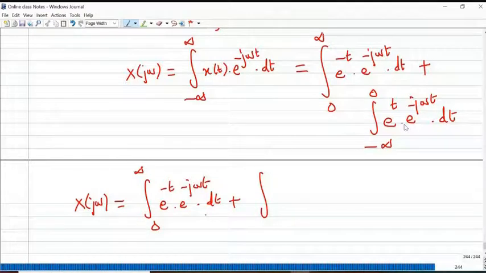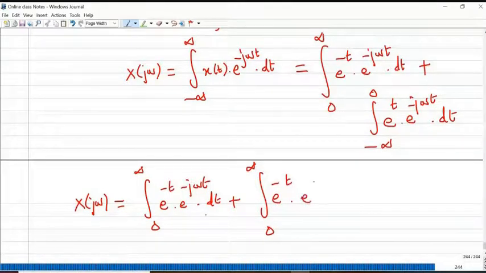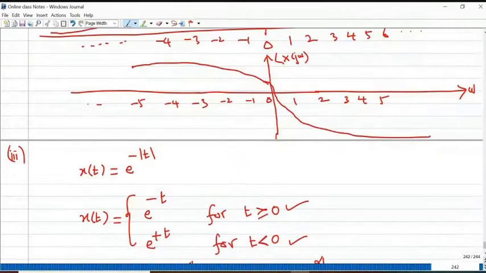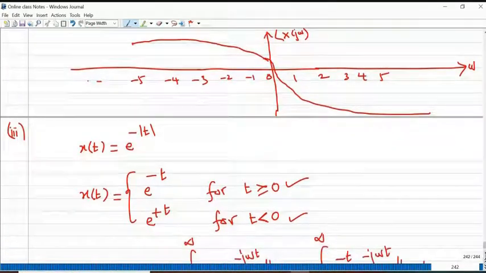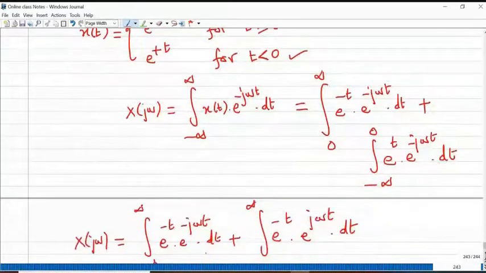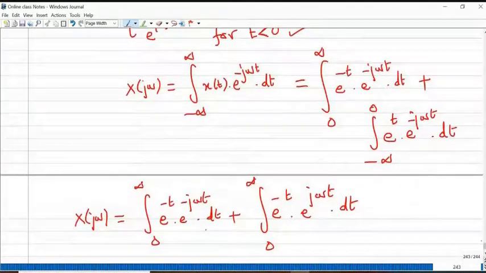The second step: integration 0 to infinity, I'll get e power minus t into e power j omega t dt. Please remember, to solve this e power minus modulus t problem, after substitution of the integration limit, it's better to interchange your integration limit here itself.